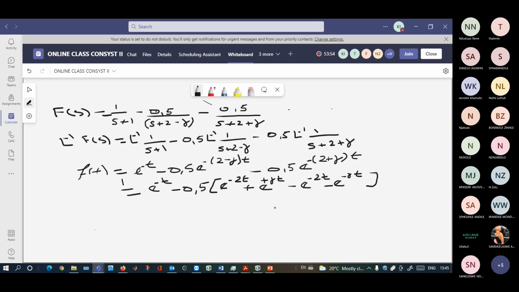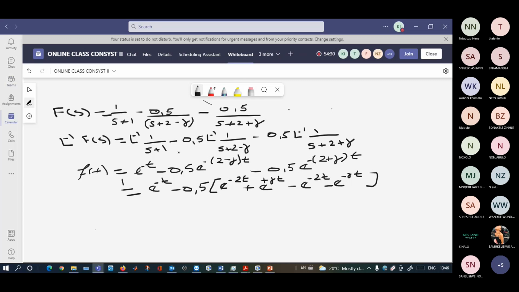Can we repeat this step, sir? Okay, this step. What is your question? I'm asking you to please repeat the last step for me. So what don't you understand on this step? From the bracket. Okay, you remember when we are doing the exponential?